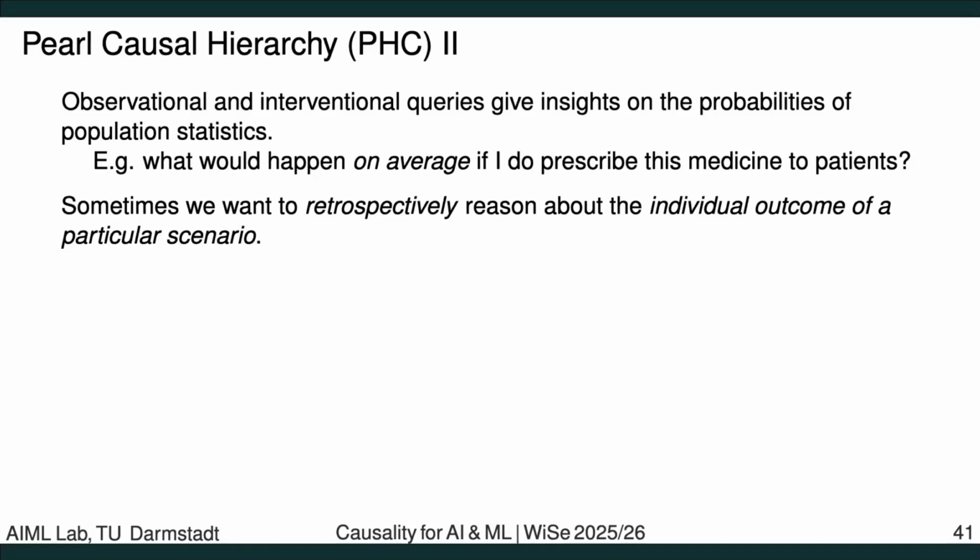So basically, what they do, right? They always reason about average effects on some sort of population, and this population is basically what we define via the noise variables in our structural causal models, right?